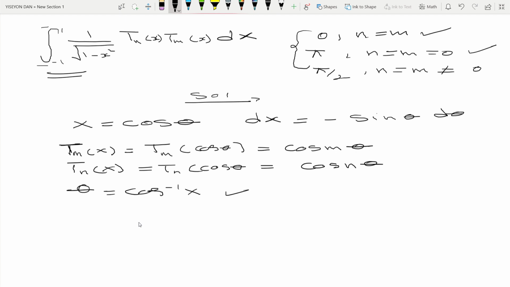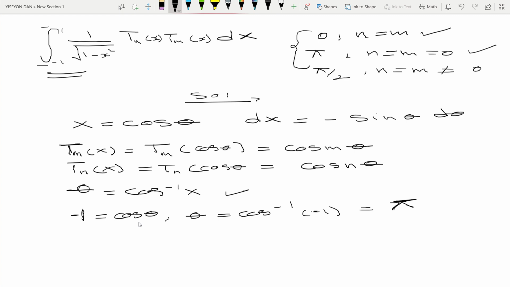So when x is equal to 1, what would be the value for theta? Or let's start from -1. Let's start from the lower limit. When x is -1, what is going to be the value for theta? If theta is the subject of the formula, you have cos inverse of -1, and the answer for this is 180 degrees. 180 degrees is still the same thing as pi.